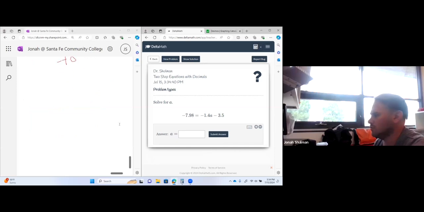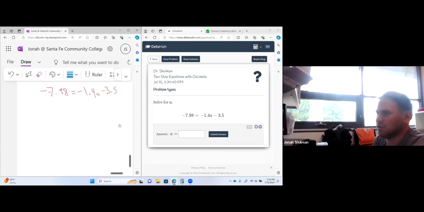Here we go. So now we've got some decimals. Negative 7.98 equals negative 1.4a minus 3.5. First step we do, remember, it should make us sad. Let me change the color. The first thing I'm going to do is add 3.5 to both sides.